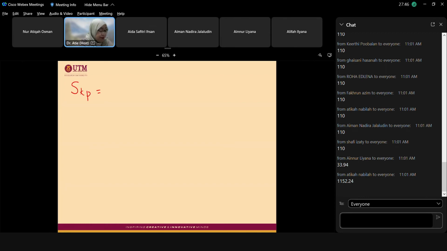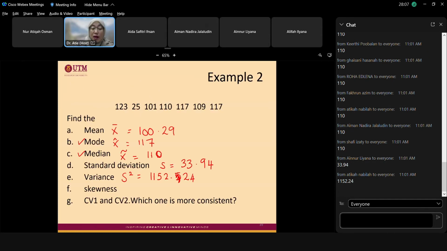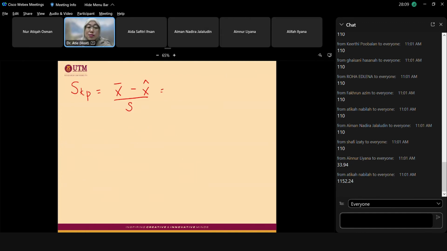So we have the mean minus the mode, divided by S. The mean we got just now is 100.29, divided by, what is our mode?